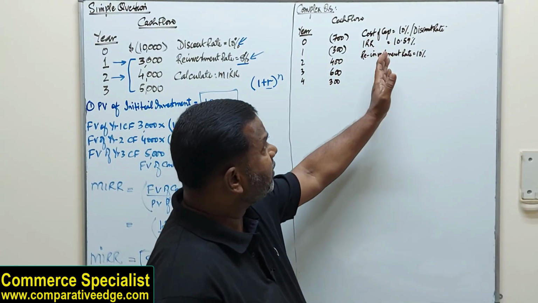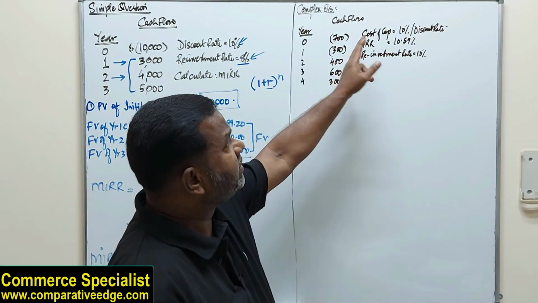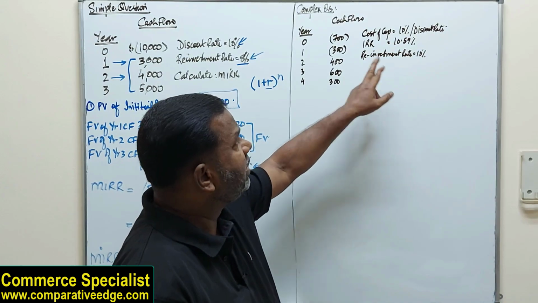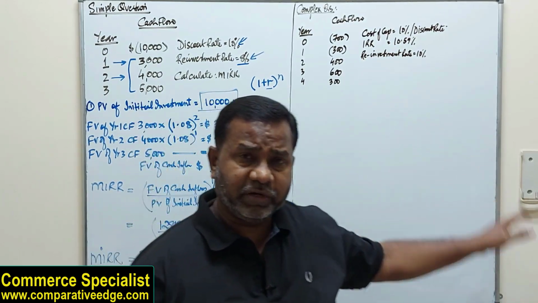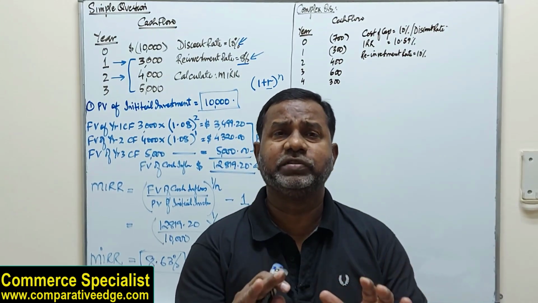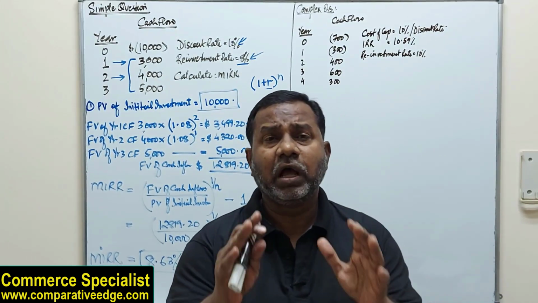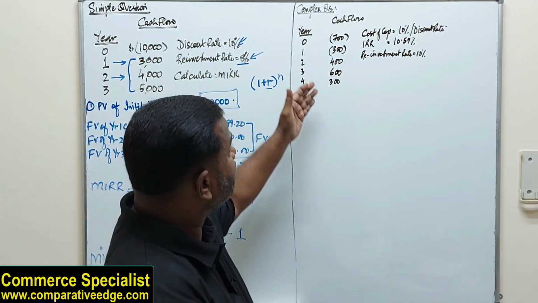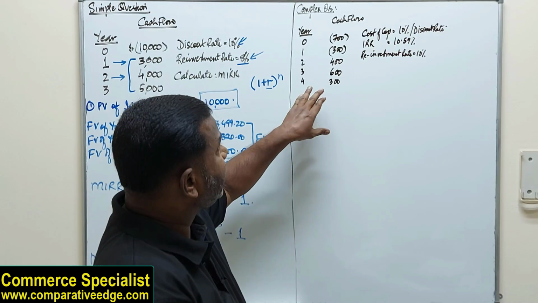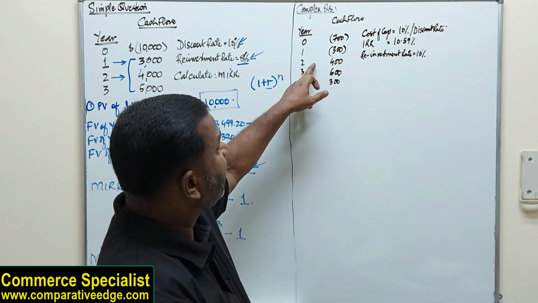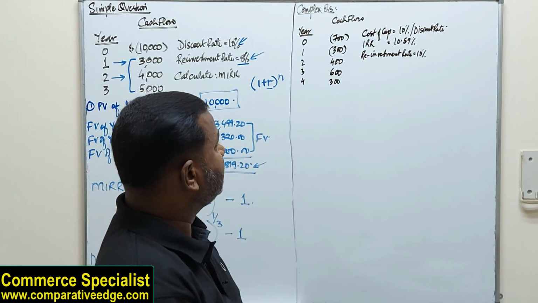Here, the detail given to us is the cost of capital, which is discount rate, is 10%. IRR already calculated is 10.59. Reinvestment rate is also 10%. Now, reinvestment rate could be different, but I've just kept 10% to make the question easy. So let's understand how do we calculate modified internal rate of return where the cash inflows are spread over a number of years and there are more than one cash outflows and obviously multiple cash inflows.